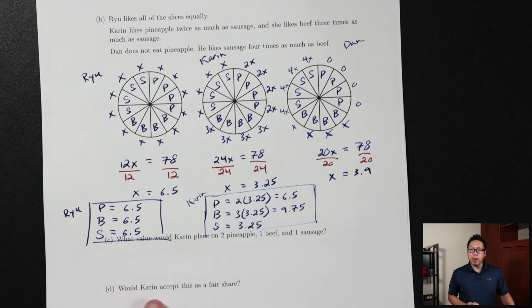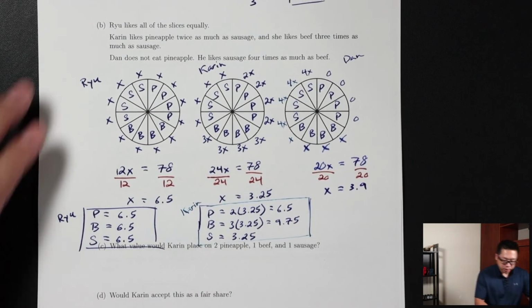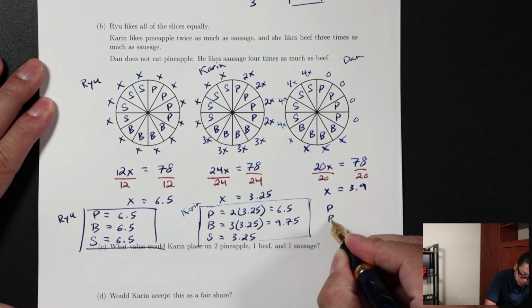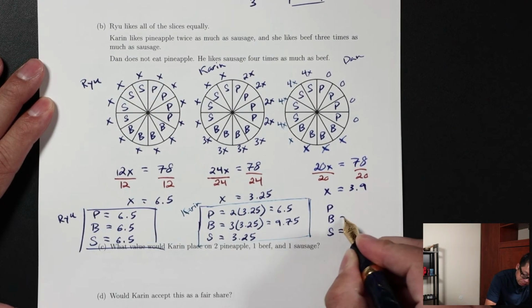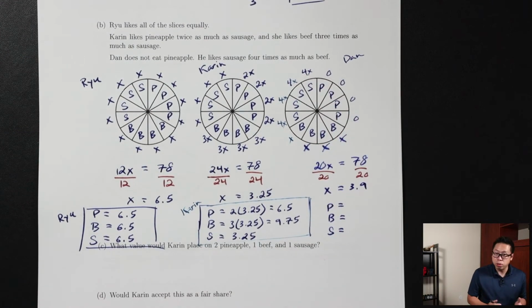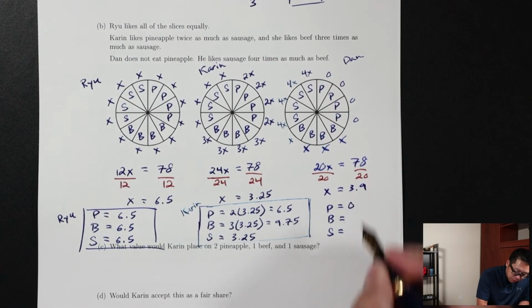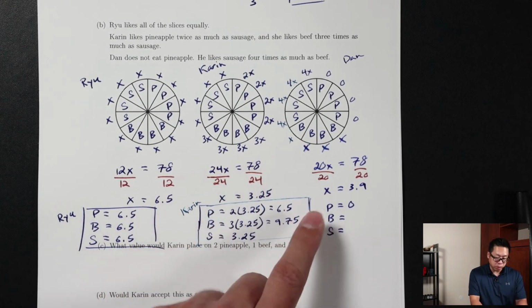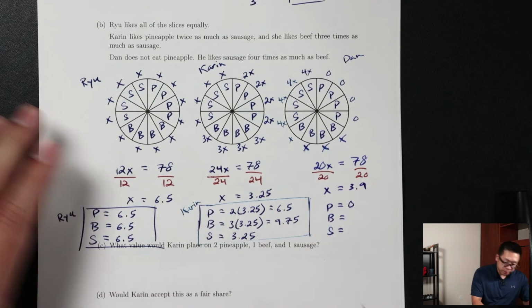And now we can write down the values of each slice for Dan. So we have pepperoni, beef, sausage. The pepperonis are worth 0 to Dan. The beef are worth regular x, which we said was 3.9.